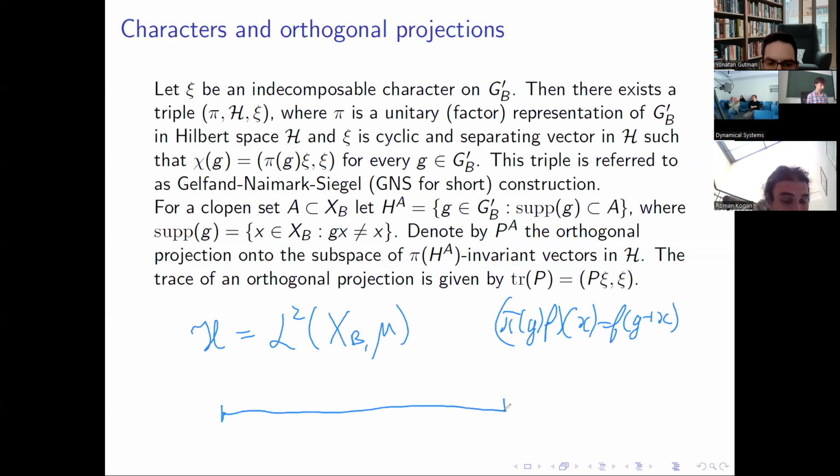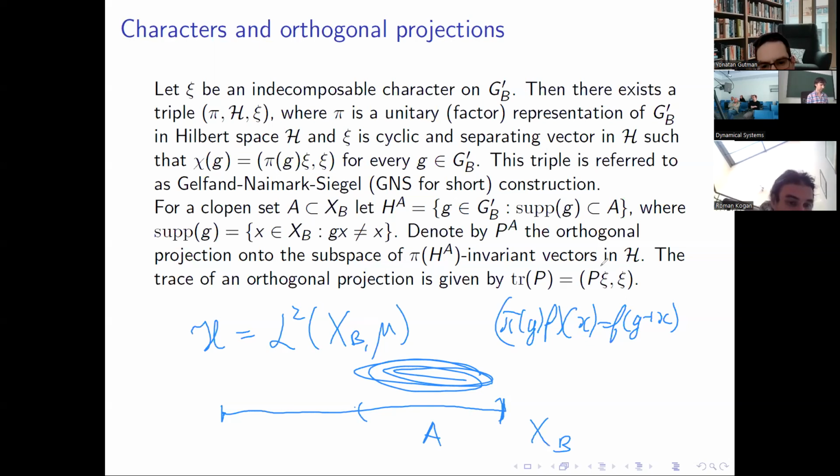For simplicity, let me represent X as a segment. So here in X we have some subset A. H_A is the set of all group elements supported inside A, so acting trivially outside. The space of invariant vectors in this case will be just the space of vectors which are constant on the set A.